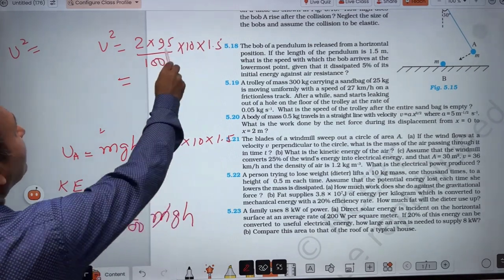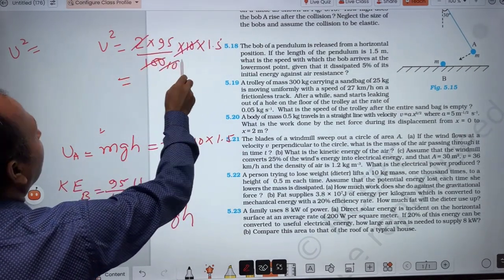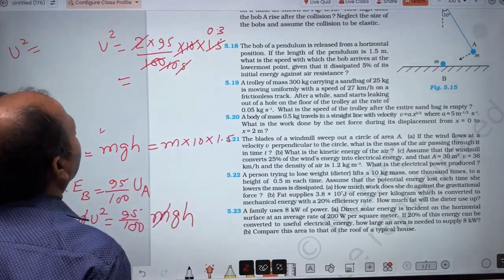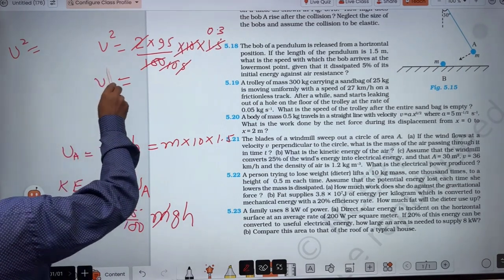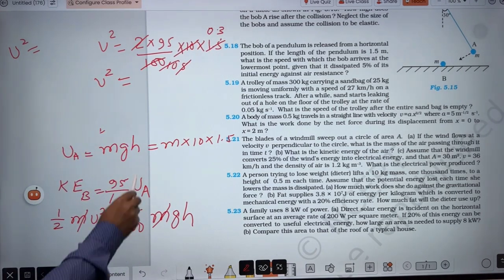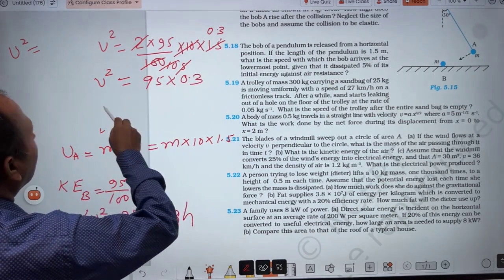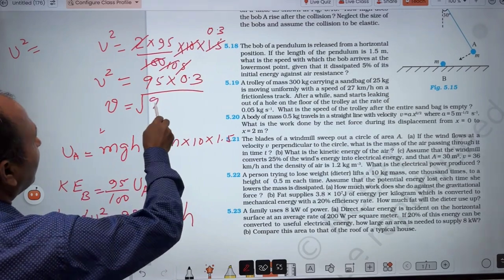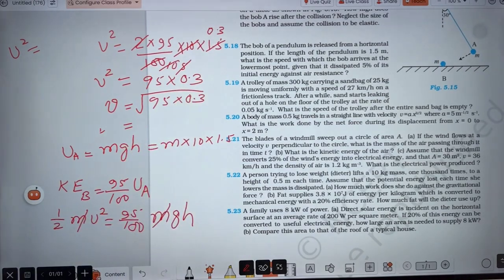Now simplify. 10 times, this is 5 times, then 0.3 times. Now just write what you are getting: 95 into 0.3. Now find the square root. Root of 95 into 0.3. Now take 1 minute to calculate.